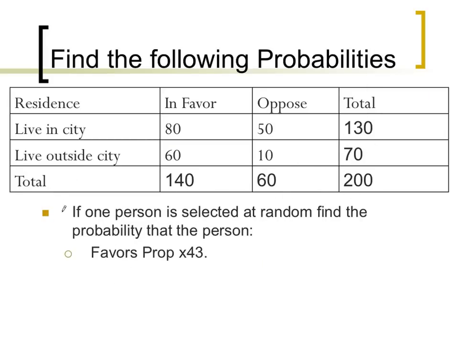All right, so the first one: if one person is selected at random, find the probability that the person favors proposition X43. So we're looking for the probability that a person favors. Now looking at this, are there any givens? Well, no, we're just looking for favors. So what we're going to look for is the number of people who favor over the total number.